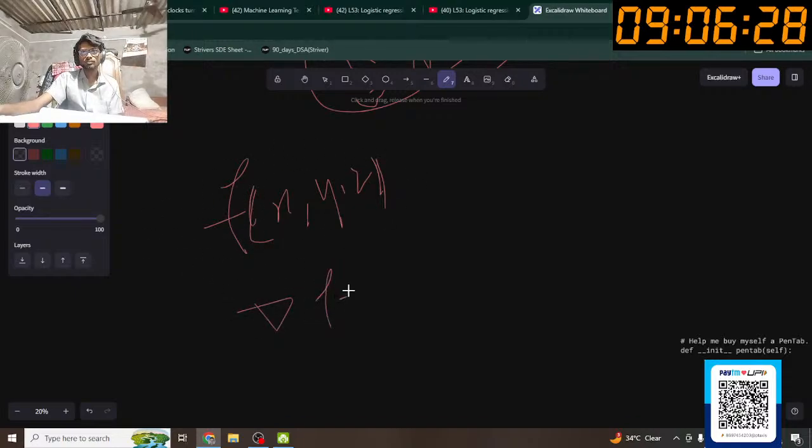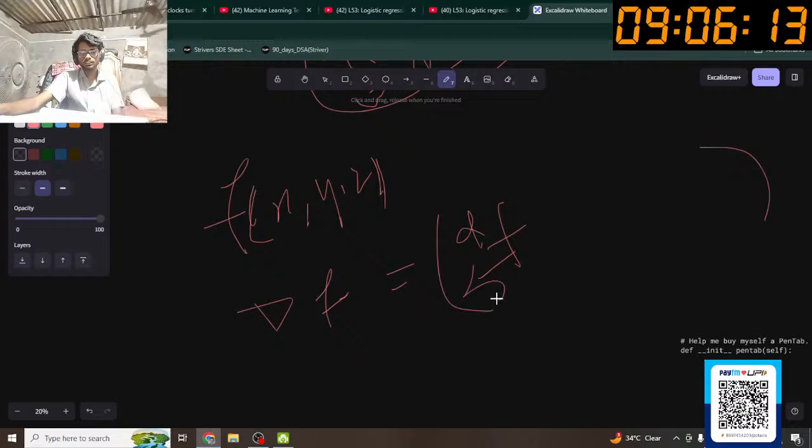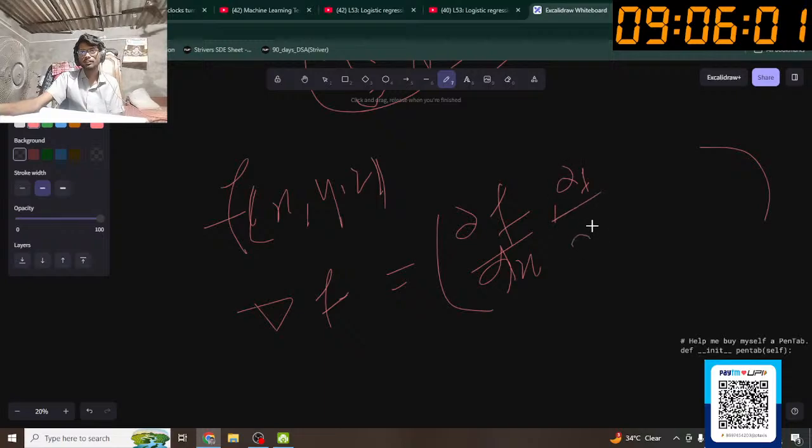The gradient of f is defined as a vector such that first of all we take the partial derivative of this function, that is del of f divided by del of x. Sorry, it is not d, it is del, because we are doing the partial derivative. And then del of f divided by del of y and del of f divided by del of z.